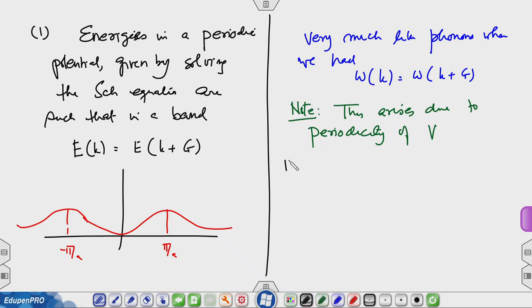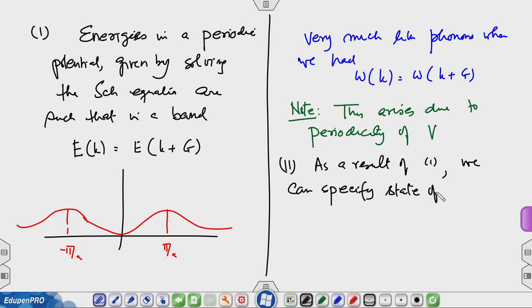Number 2, as a result of 1, we can specify the state of an electron by k within the first Brillouin zone, again exactly like phonons.